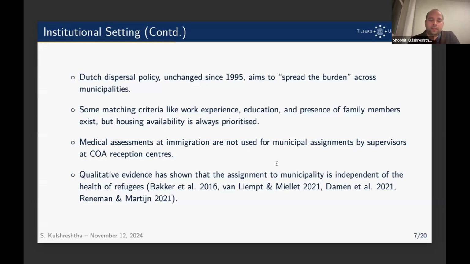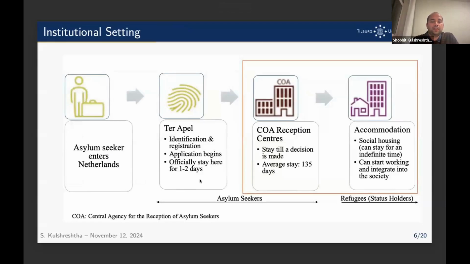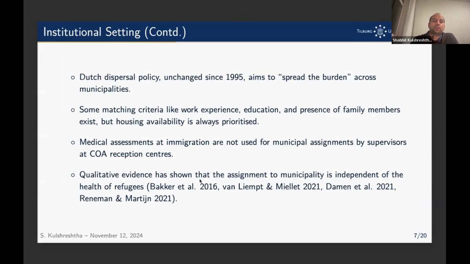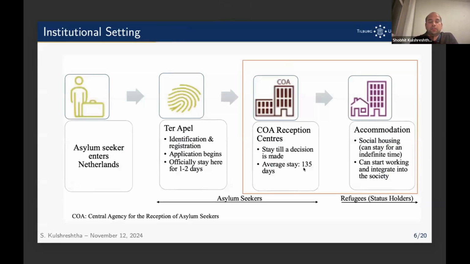And some of you might think that obviously, since these people are coming from a different country, they must have some sort of medical assessment when they arrive in the Netherlands, and that actually happens. As I mentioned, in this Ter Apel center, they do have some medical assessment, but this information is not passed on to the people at these reception centers.